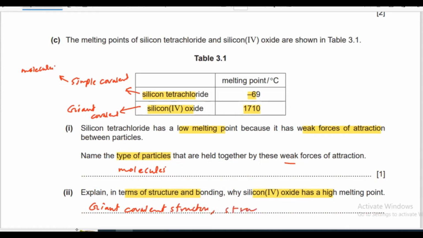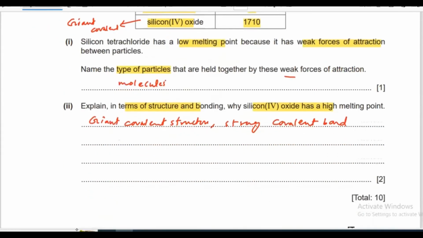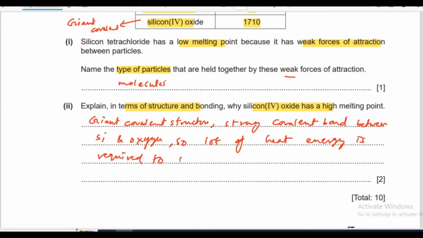Strong covalent bonds between silicon and oxygen. So a lot of heat energy is required to break these bonds because there are a lot of strong covalent bonds.